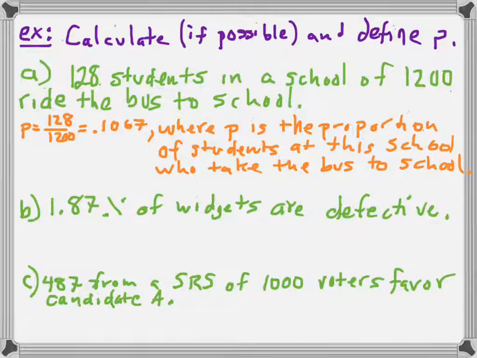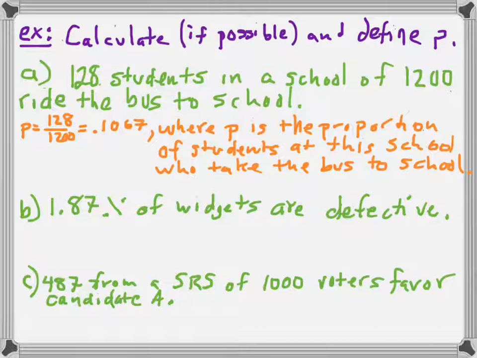Well, it's in a school, so this represents the whole population of 1,200 students at the school. So P would be 128 over 1,200, which in your calculator is 0.1067. It's 10.67%. And I'm defining P here next to it, where P is the proportion of students at this school who take the bus to school.